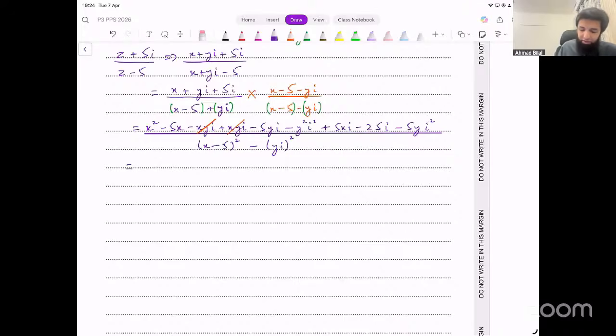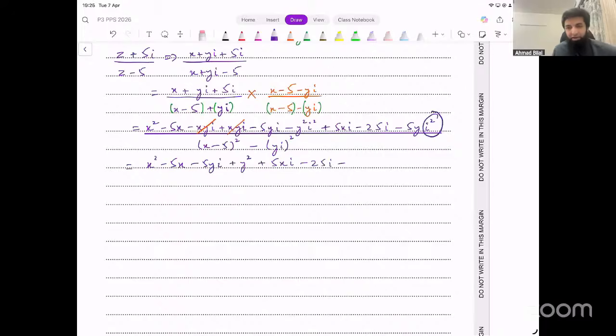Simplify the numerator. x squared minus 5x minus 5y iota minus y squared iota squared. What does this become? Iota squared is minus 1, right? So this will become plus y squared. And then plus 5x iota minus 25 iota.